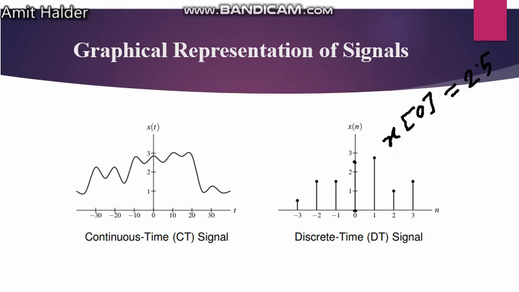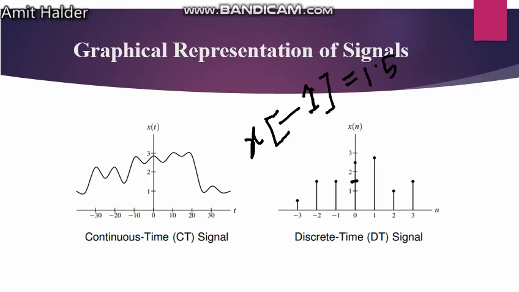Now if we take x[2], what is the value? x[2] is equal to, that is similar to this line, so the value will be 1. I think you have understood how we calculate or how we take the value of discrete signals. Okay. So my dear students, last one, if we take x[-1], the value will be 1.5. That's it. Thank you very much for being with me.